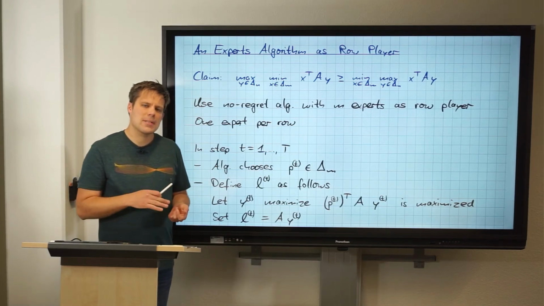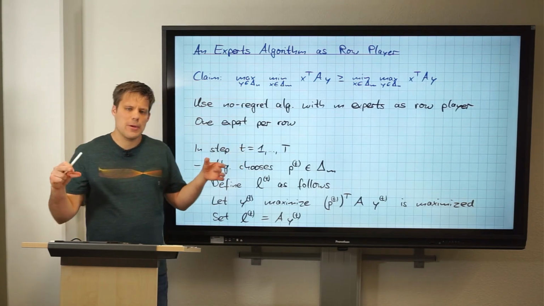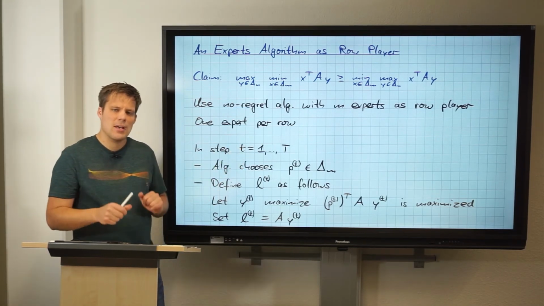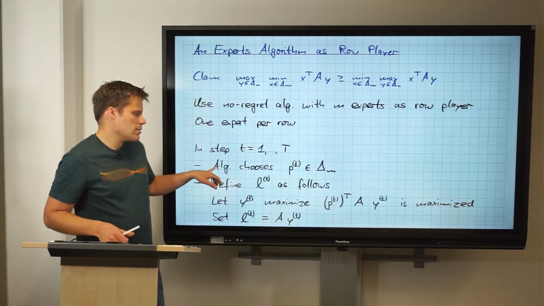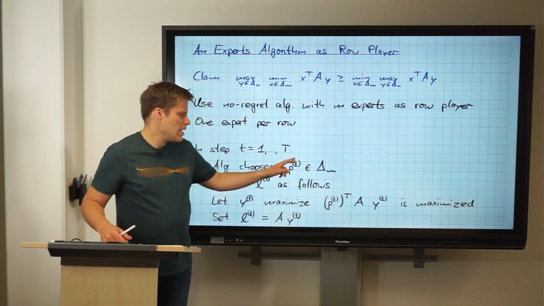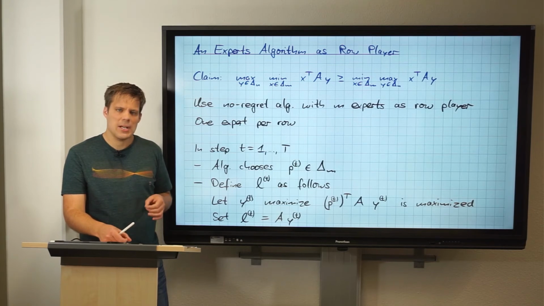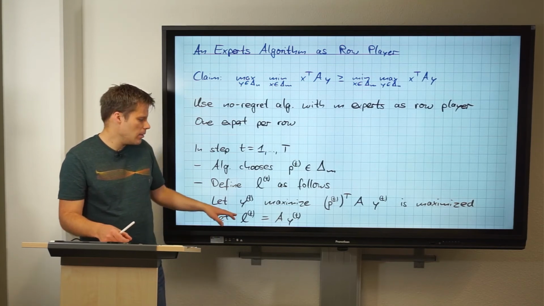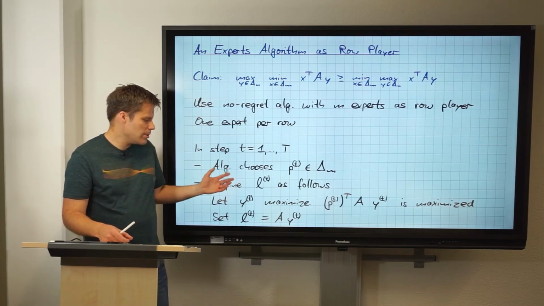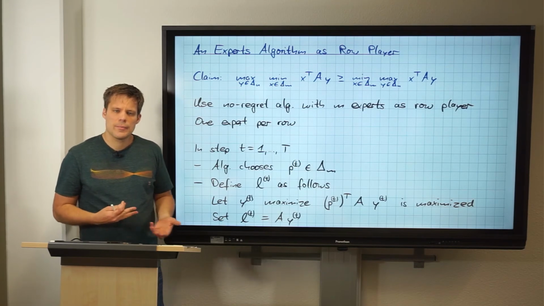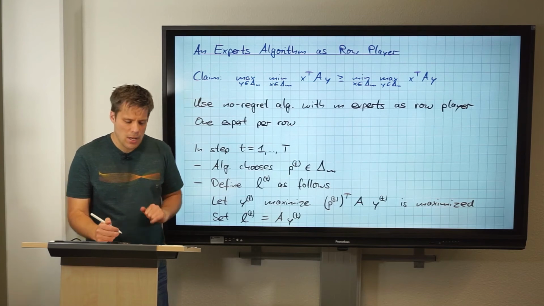And before we were always saying that L1 through L capital T are fixed, and then the algorithm makes its choices. But because, for example, by multiplicative weights, these PT are chosen deterministically, there's no randomization involved in them, this potential adversary defining the LT can even anticipate this PT. So that's all kosher here.